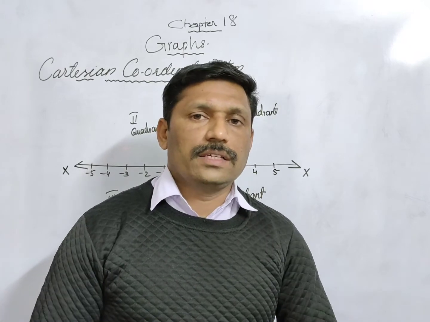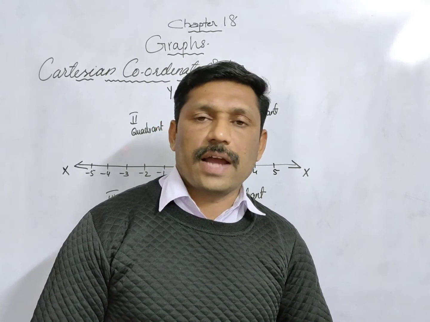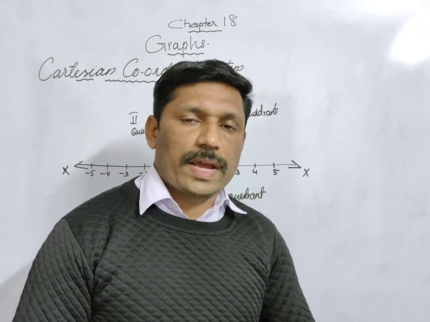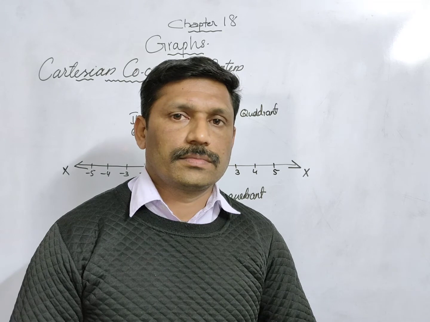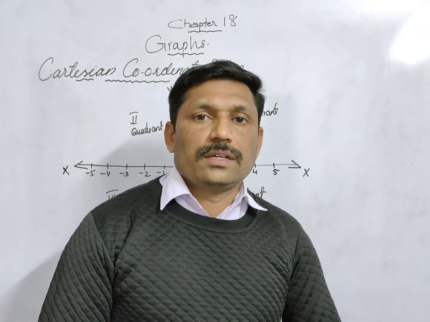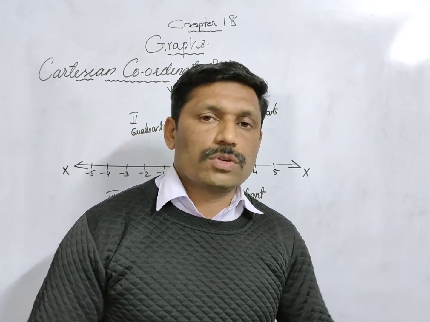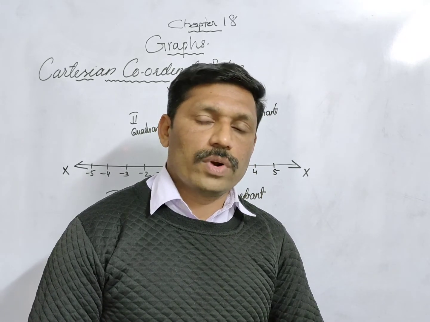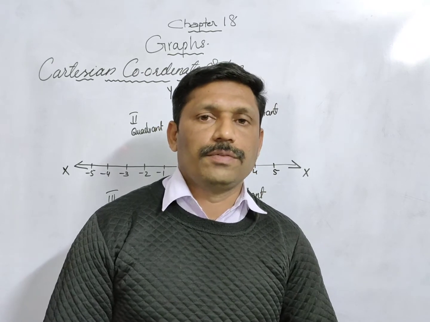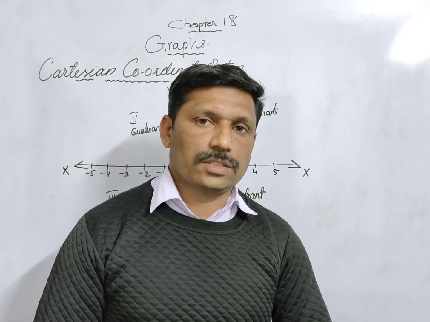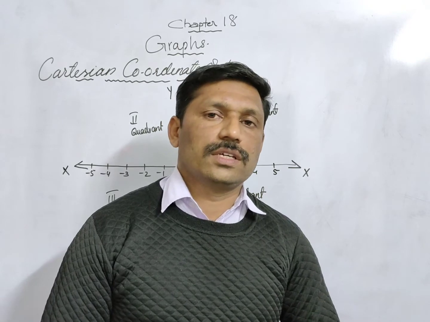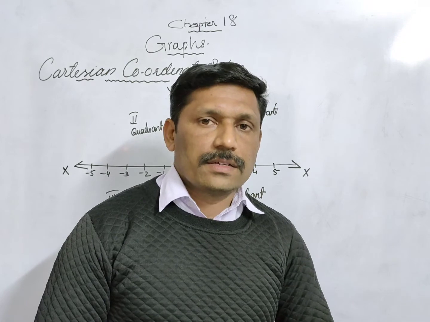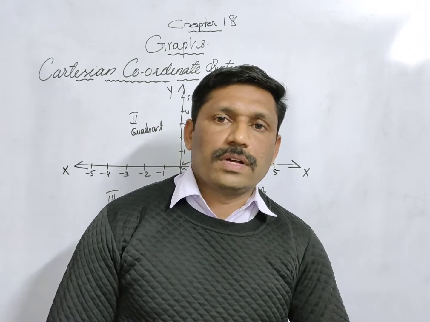The horizontal line is known as x axis and the vertical line is known as y axis. And a combination of this horizontal and vertical axis is called the coordinate axis. If horizontal and vertical axis intersect at a right angle, or intersect perpendicular, then that axis is called the coordinate axis.